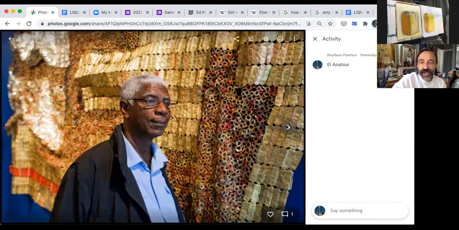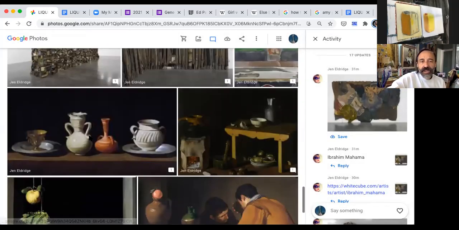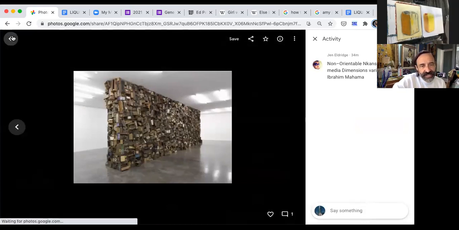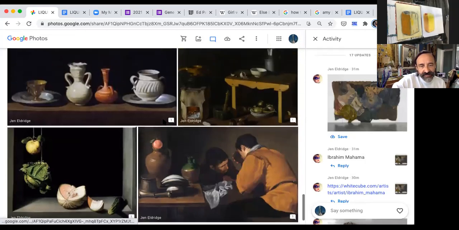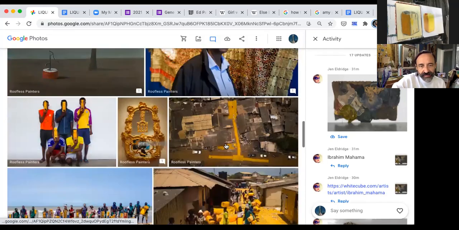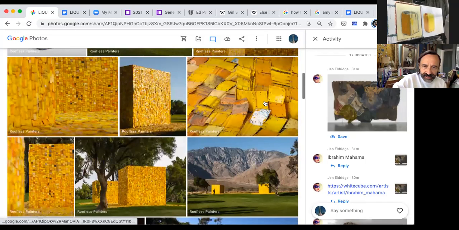You'll see there's some that are even more sparkly and golden. He moved from bottle caps to other materials. Ibrahim is also a contemporary artist, and also uses recycled materials. Very interesting in that sense. But he's not the only one doing assembled pieces.